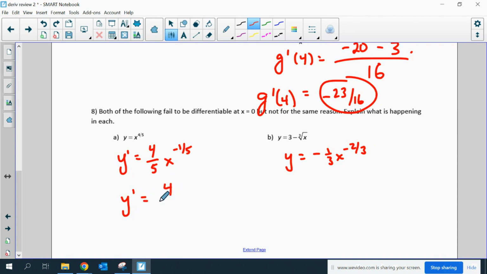Sorry, this should be a y prime. So this is the same thing as 4/5 over x to the 1/5, and this is -1/3 over x to the 2/3. So what I end up having is 4/5 over x to the 1/5 for part A.